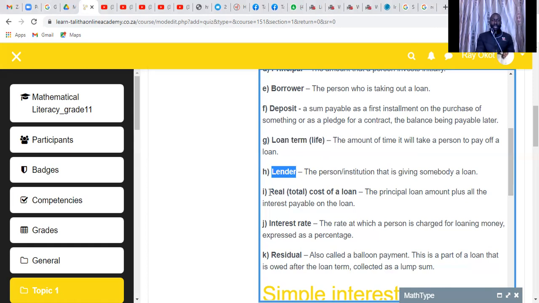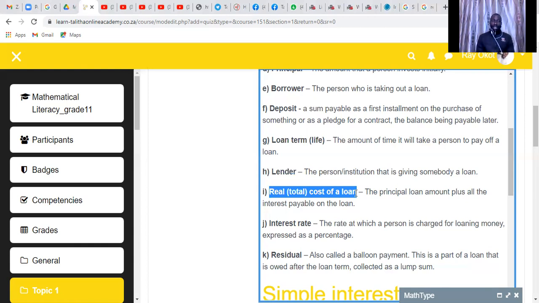The other thing that we want also to look at is called the real cost of a loan or the total cost of a loan. Now, this is the principal loan amount plus all the interest payable on the loan.